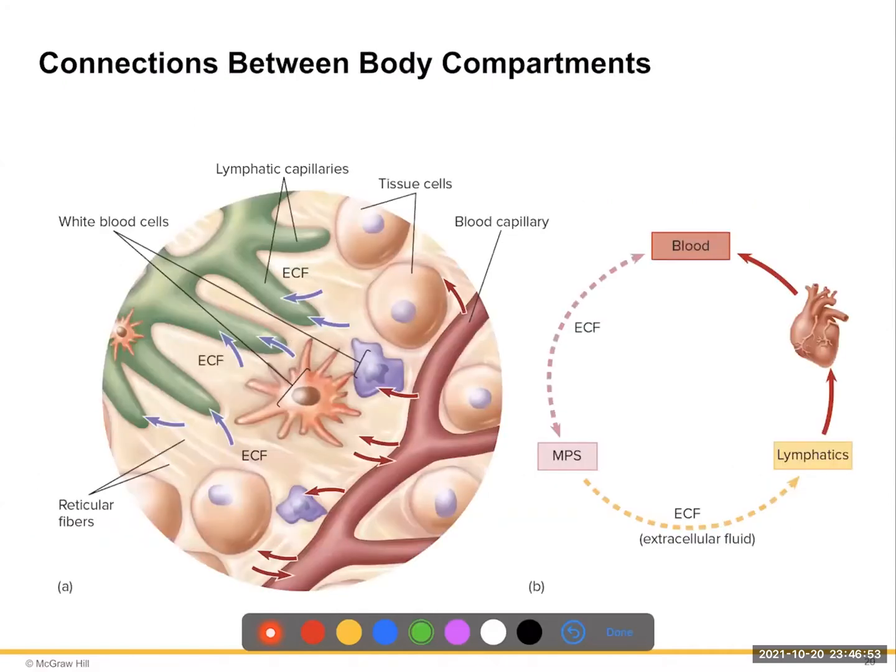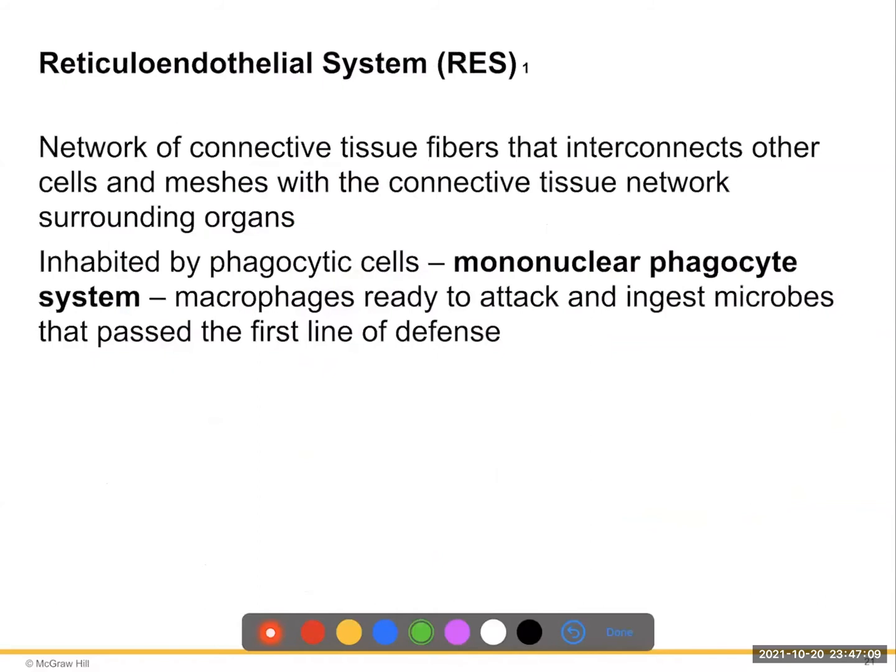So the green here, these are your lymphatic capillaries. This is your extracellular fluid outside the cells. These are your tissue cells here. And these are the reticular fibers, the reticuloendothelial system that holds everything together. The reticuloendothelial system is a network of connective tissue fibers that interconnects other cells and meshes with the connective tissue network of surrounding organs.